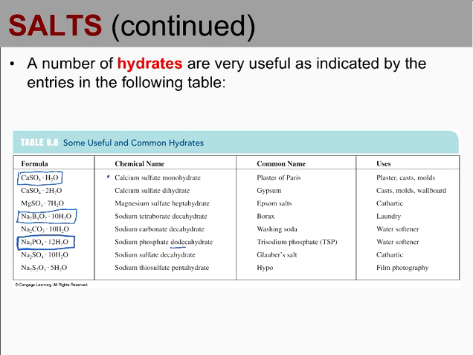That is also known as trisodium phosphate, and that's used as a water softener. And yeah, so there's a lot of different examples of hydrates, which are really just salts that contain a couple of water molecules, or 12 water molecules. It just really depends on the hydrate. All right.